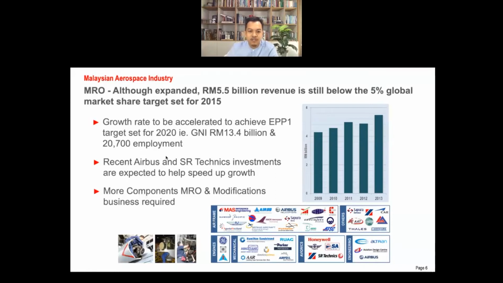As we can see here, these are some of the players in terms of the airframe. We have players such as Airbus Helicopters, Aerospace Engineering under Malaysia Airlines System. Some of them have already changed their name, if you try to search their current websites.